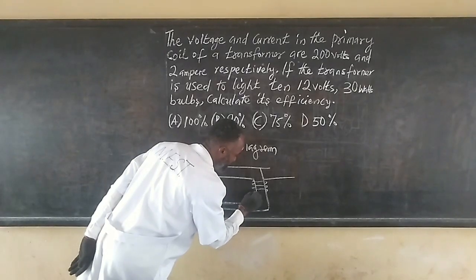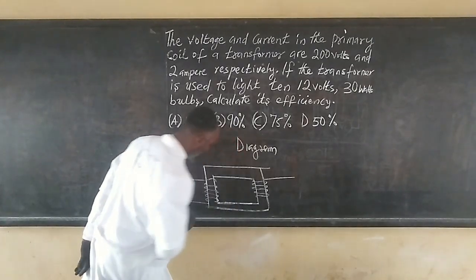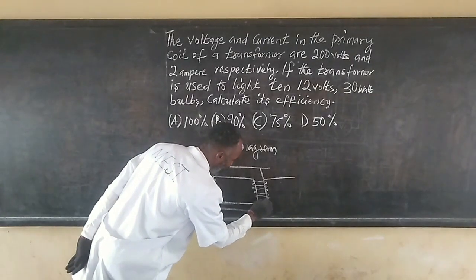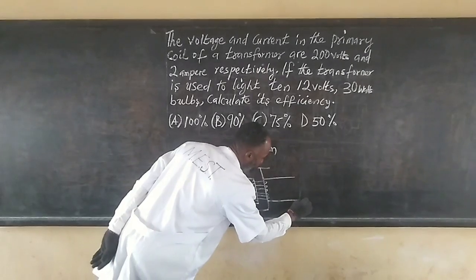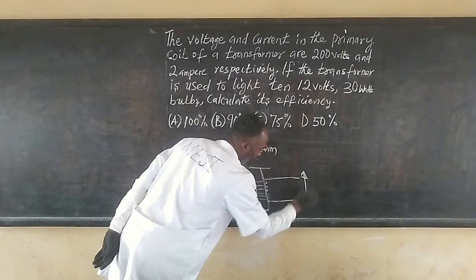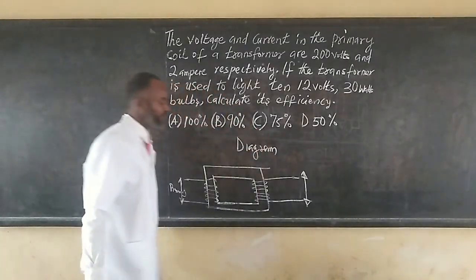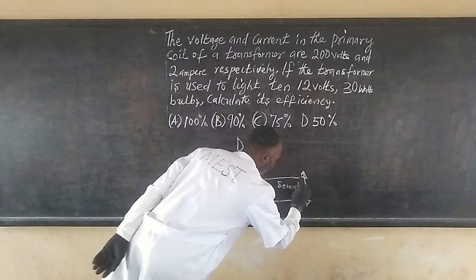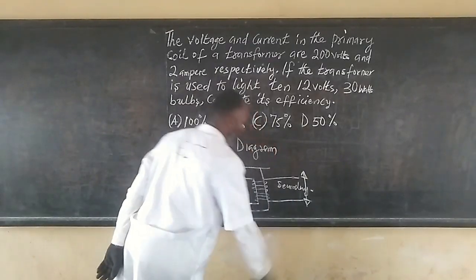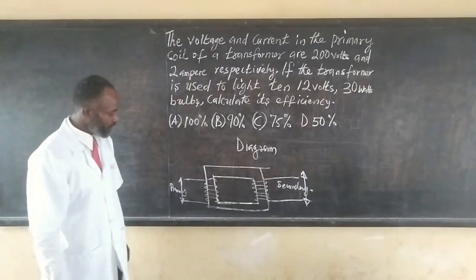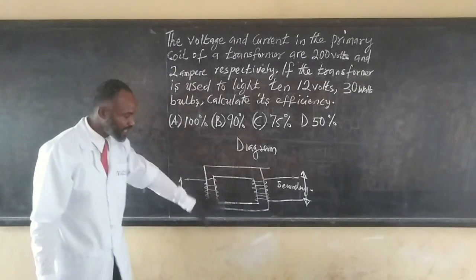So if we have this way, I'm going to make this smaller, it's a kind of step-down transformer. How would you know a step-down transformer? By the number of coils at the secondary section. You can assume this to be a step-down transformer.